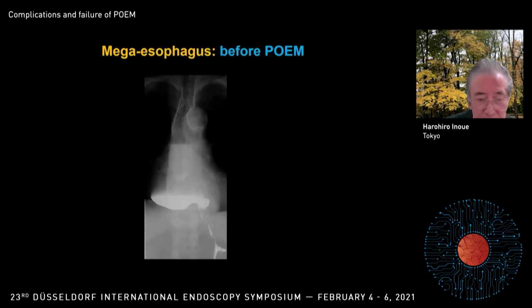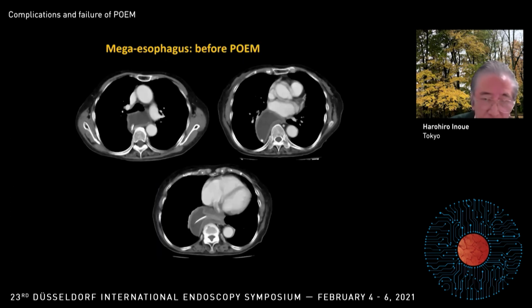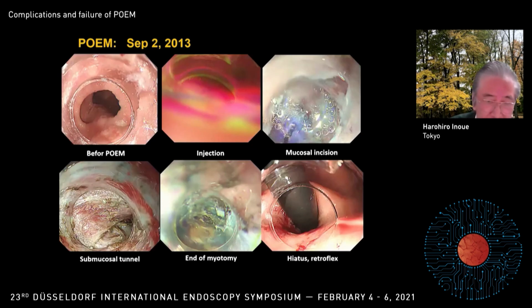This is the patient before the POEM procedure, with a dilated mega esophagus and a very small passage of contrast volume. The CT scan demonstrates a very dilated esophagus. We performed the POEM in this way.